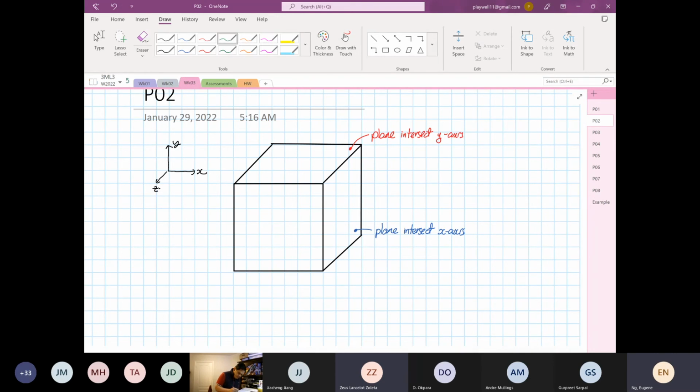And then the third one, the plane intersect z-axis. Okay, you can see that, right? When you shift the plane in the transformation, it intersects.